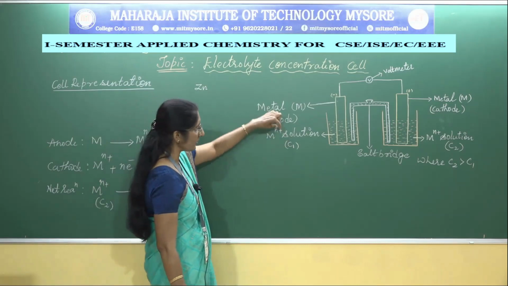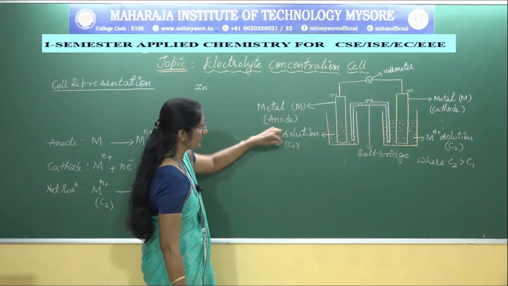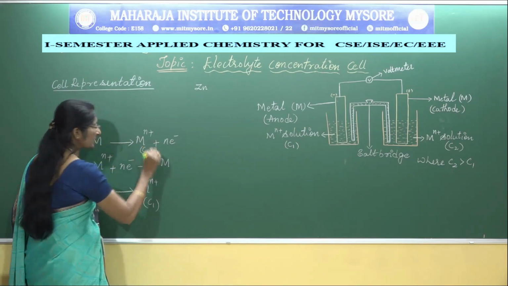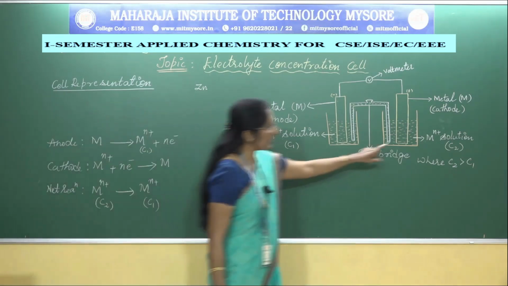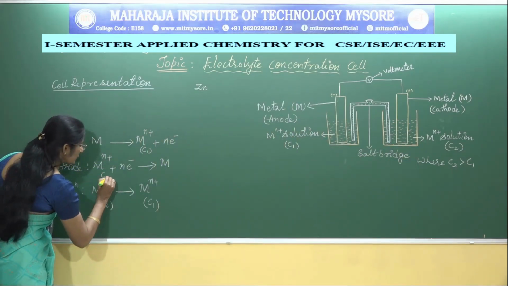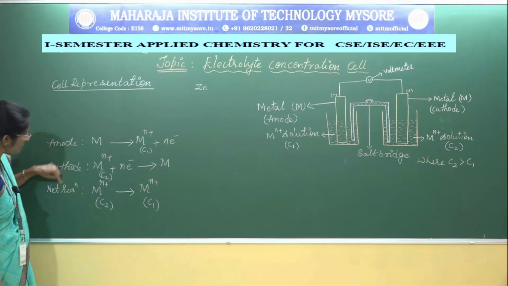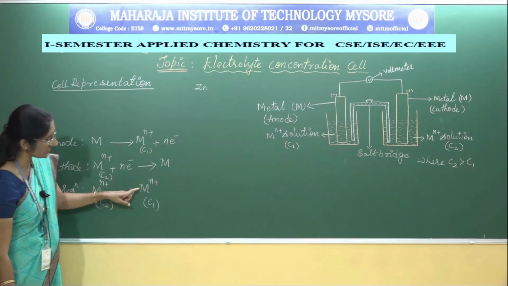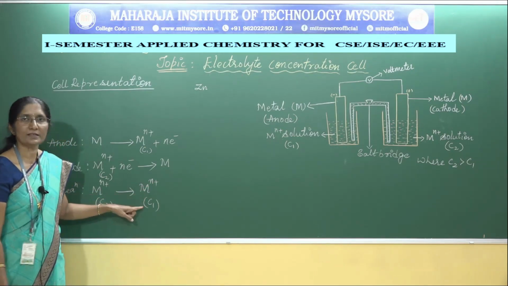According to the diagram, the metal ion concentration at the anode is considered as C1 and at the cathode as C2.